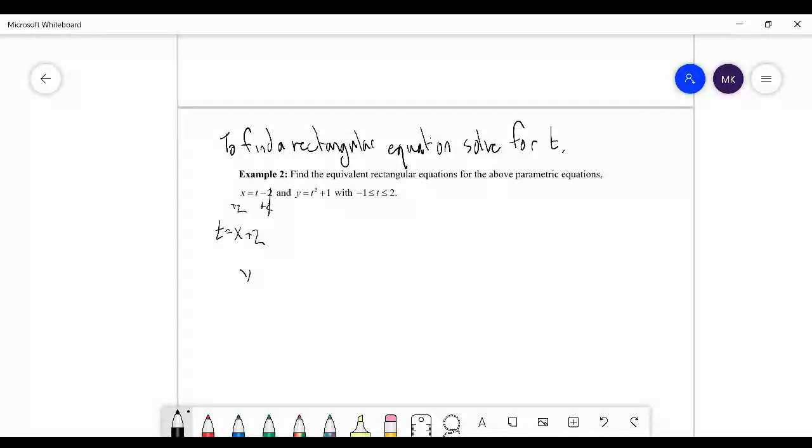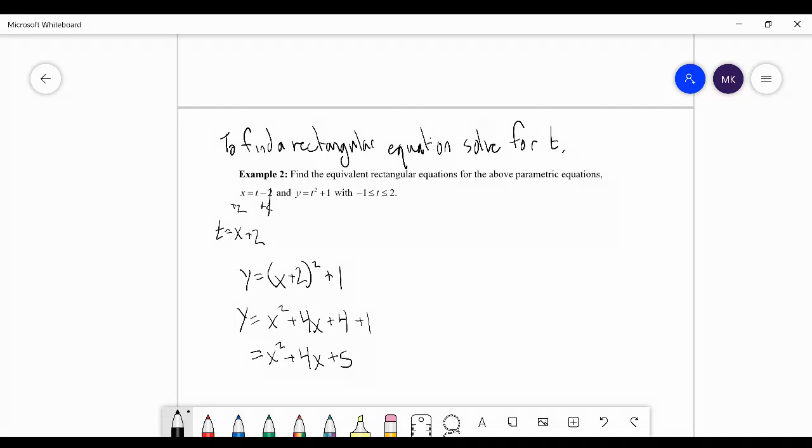And when we do that, we get y equals, instead of t squared, x plus 2 squared plus 1. If I square x plus 2, I get x squared plus 4x plus 4, and then we have our plus 1. That gives us our final equation of x squared plus 4x plus 5.